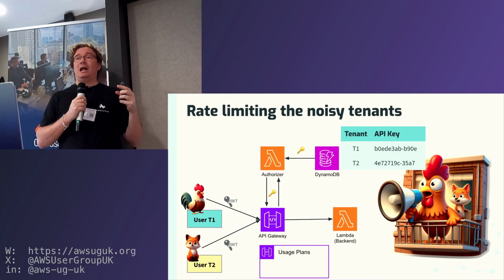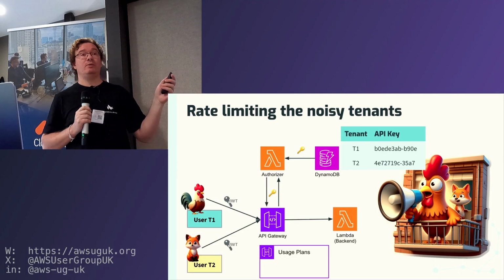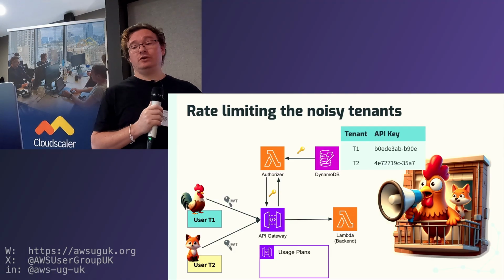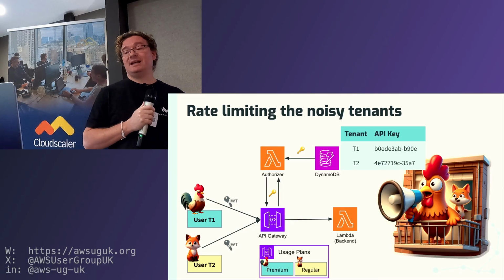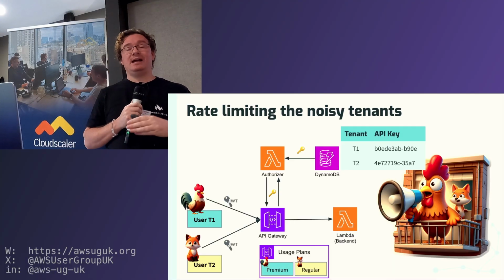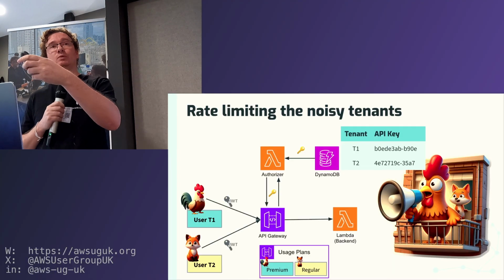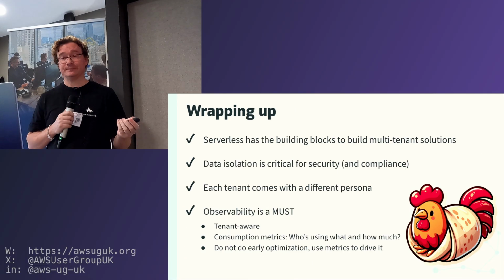How do we allocate different limits according to the tenant? Then we can use usage plans. Usage plans we can configure individually, and then we assign our tenants to a usage plan, and API Gateway is going to respect those when applying throttling and limits on our requests.